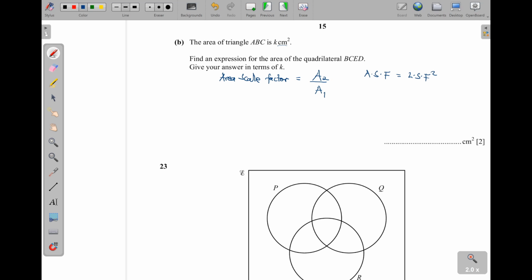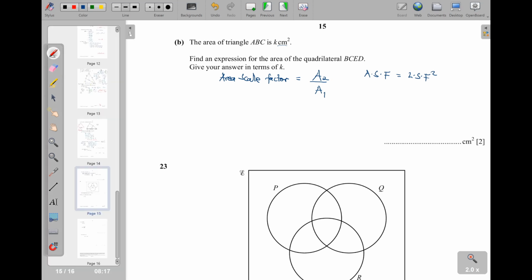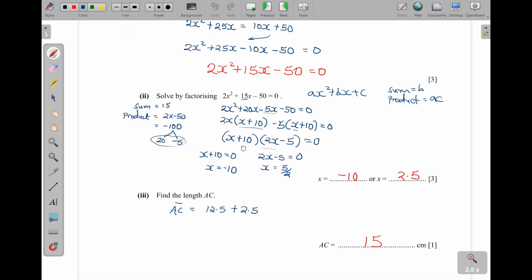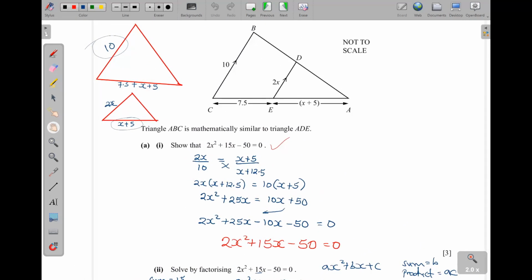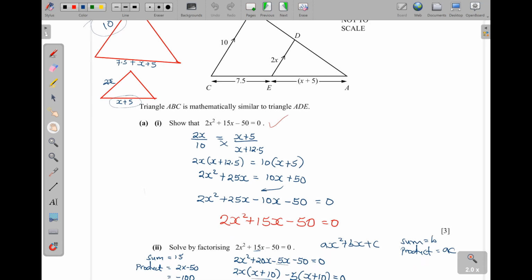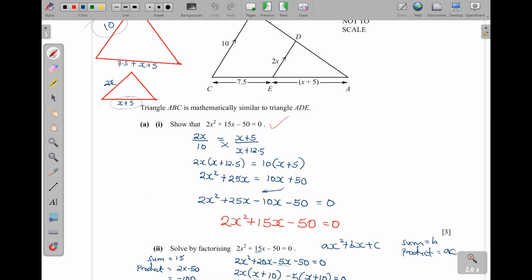Okay, now going back to this question here, this first part, the linear scale factor here is what this expression we used here. Okay, here. So 2x over 10. Remember, our x, we took it as 2.5.